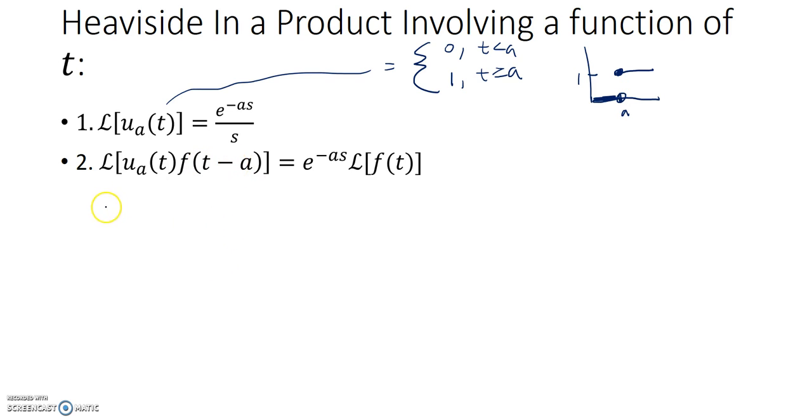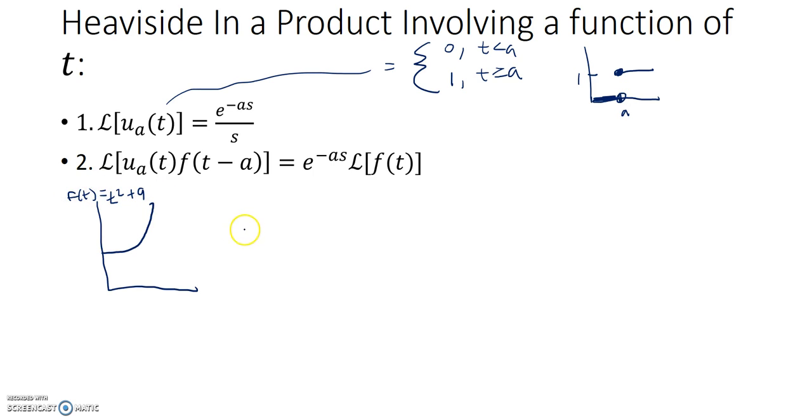So for instance, let's say I want to model with some function that looks like this. Maybe this function is t squared plus 9, we'll say. So that's f of t right there.